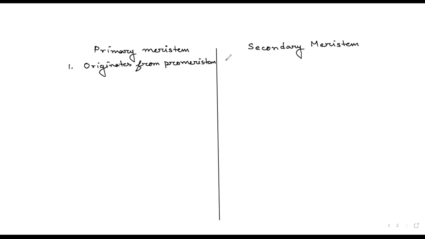And if I'm talking about secondary meristem, it originates from permanent tissues due to dedifferentiation.